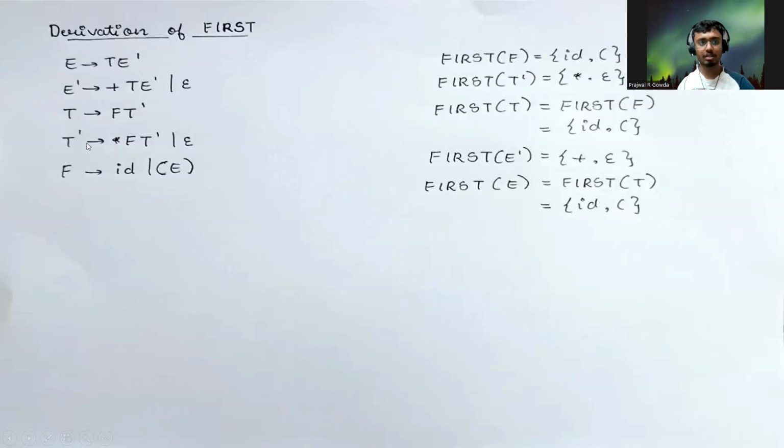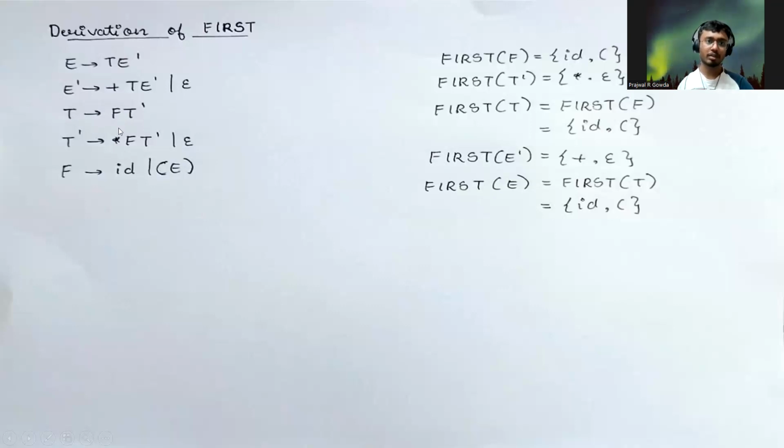Next, let us consider T dash. The first of T dash also consists of two productions, star F T dash, and epsilon. So the first of T dash is epsilon and star. Next, let us consider T. For the first of T, we do not have any terminals in the productions.